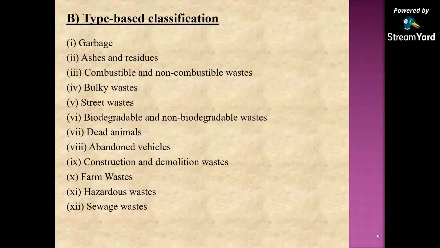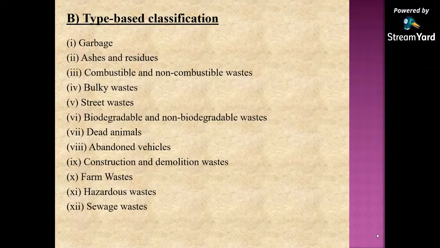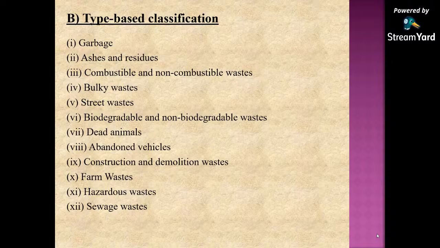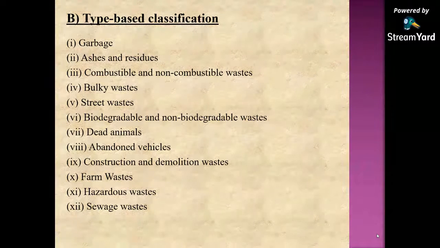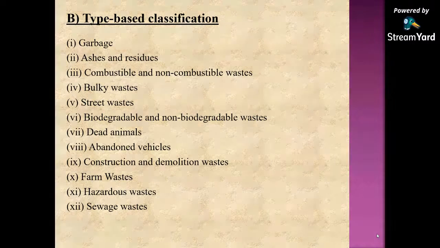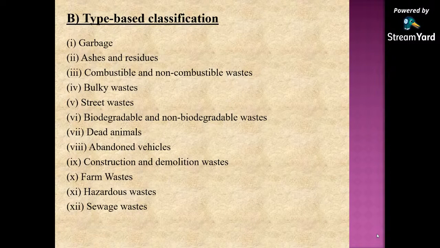Next type based classification is ashes and residues. These are substances which remain from burning of wood, coal, charcoal, or coke and other combustible materials for cooking and heating in houses, institutions, or small industries, etc. When these ashes and residues are produced in large quantities, as in power generation plants and factories, these are classified as industrial waste.